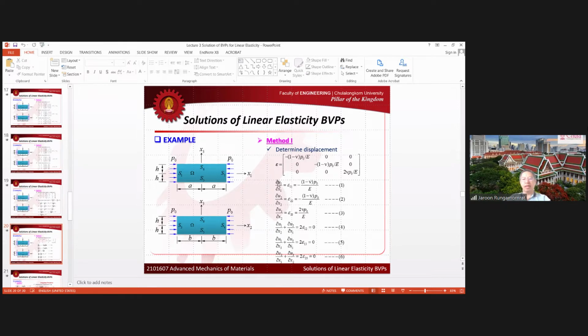Because of the equations that you have to deal with here, you have 6 equations, but you have only U1, U2, U3, only 3 unknown components of the displacement field. So now you have to use the fact that the strain is compatible. So even though you have more equations, you can get the displacement field.